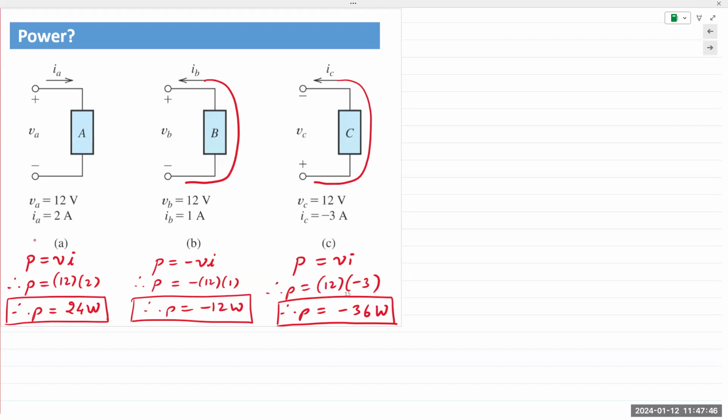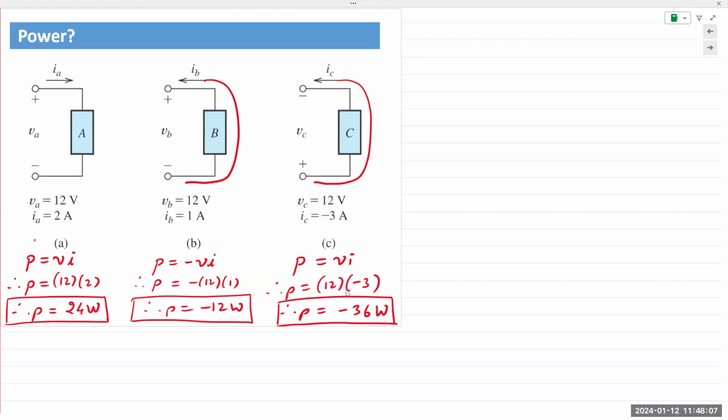I keep emphasizing this because students I've seen over the years, over and over again, there'll be some students who do get bogged down. They will see -3, then they will flip the direction of the current, and then instead of using P equals VI, they would use something else. Or they might see first, okay, it's plus, so I use P equals VI.